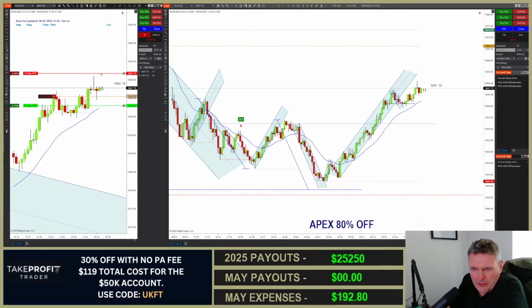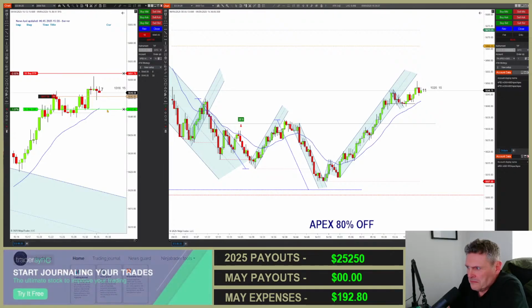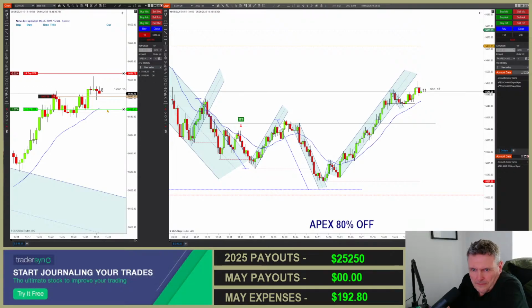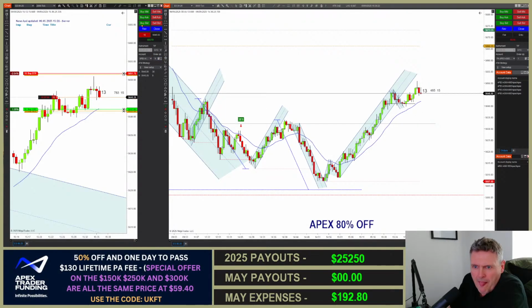So break, 2 pushes to a new high, bearish bar. We'll see. Order filled.